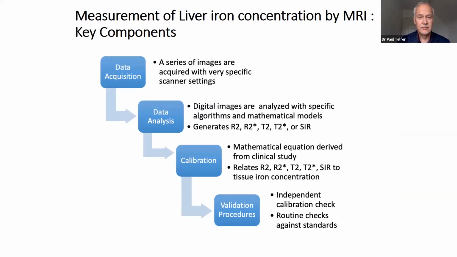Next slide. We'll move on now to measuring iron in the liver by MRI. And the reason why this is important is because, first of all, the liver is a site of iron toxicity. As you know, there's a risk over time of developing cirrhosis and hepatocellular carcinoma as a complication of liver iron overload.